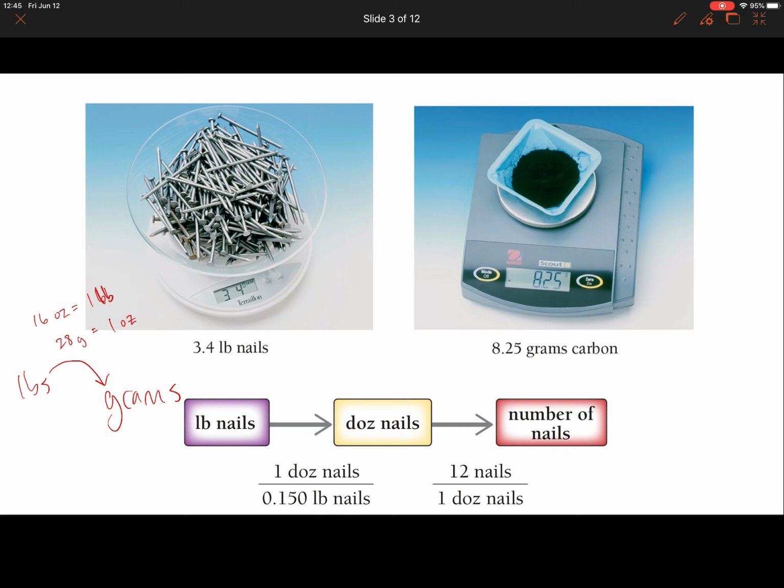We would look up the right number of sig figs and so on, but if we were given pounds, we could go into ounces and then into grams. You could look up any direct conversion online. You could find how many grams there are in a ton. Just Google it and you would get that exact number. I encourage you to do that.